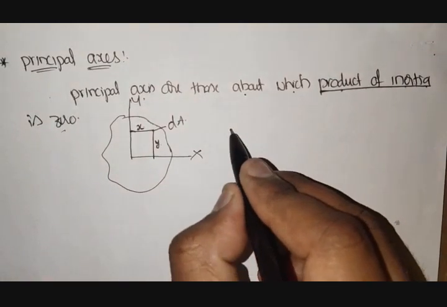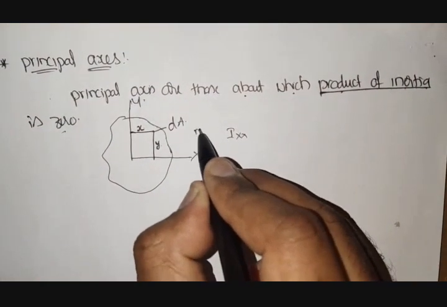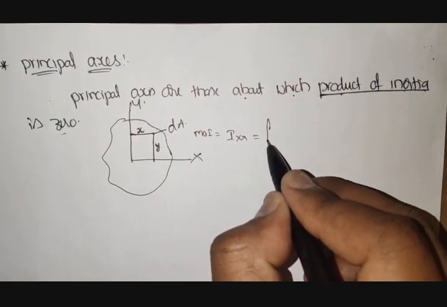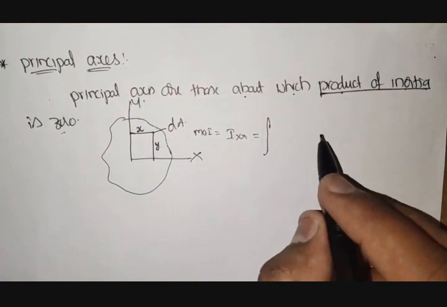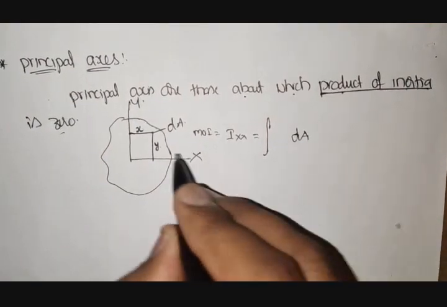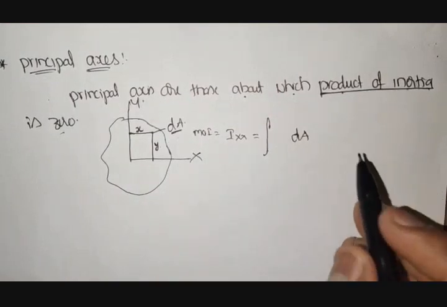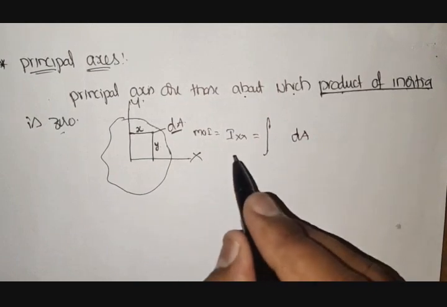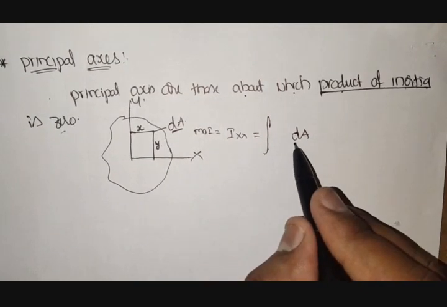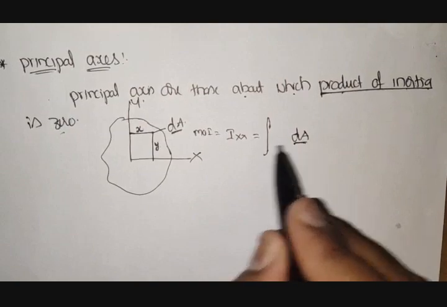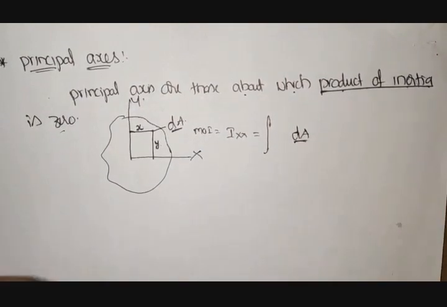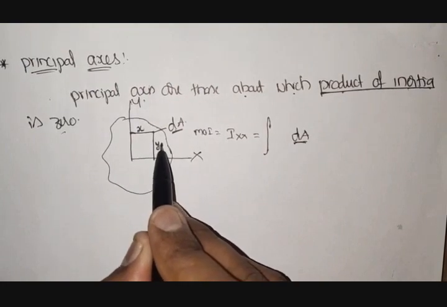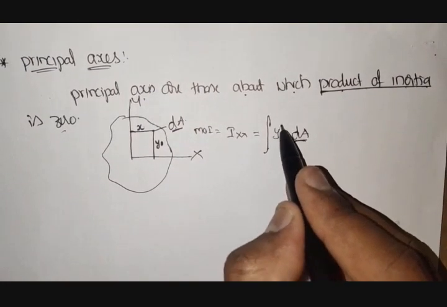If I calculate the moment of inertia about xx, Ixx, it is the integral of the area of the element, dA, into the square of the distance up to the axis we consider. For this, the distance is y, so the square of the distance is y square.